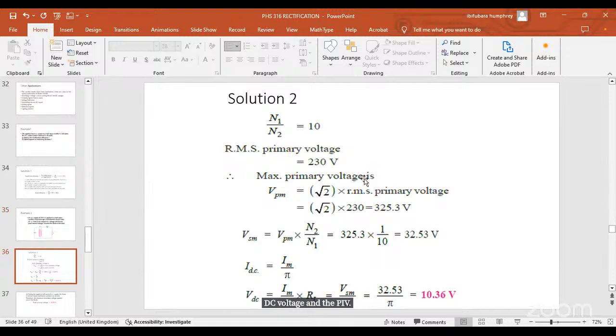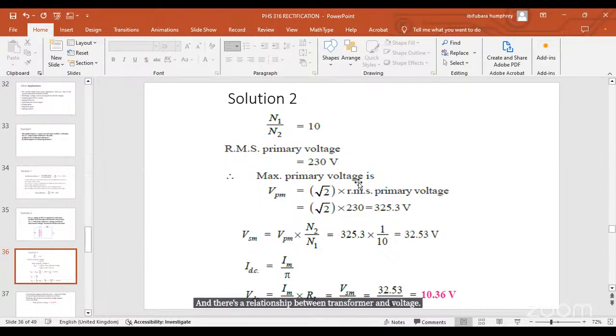The ratio of the transformer is 10:1, which means that the primary side is 10, the secondary side is 1. And there's a relationship between transformer turns and voltage.